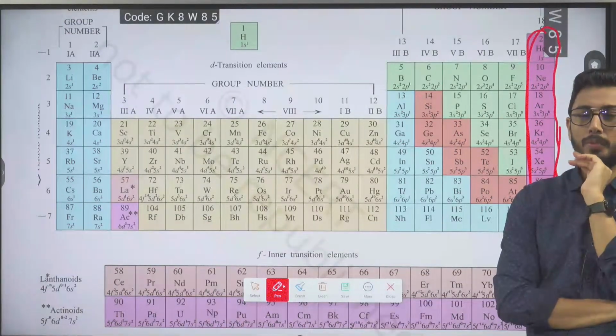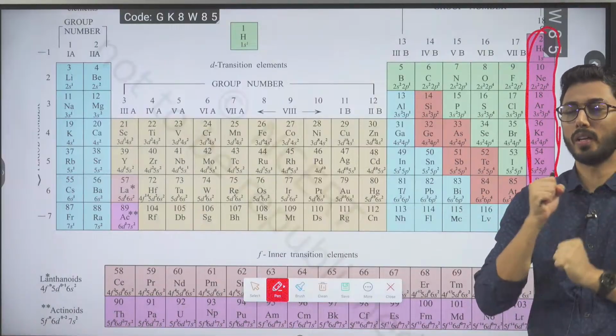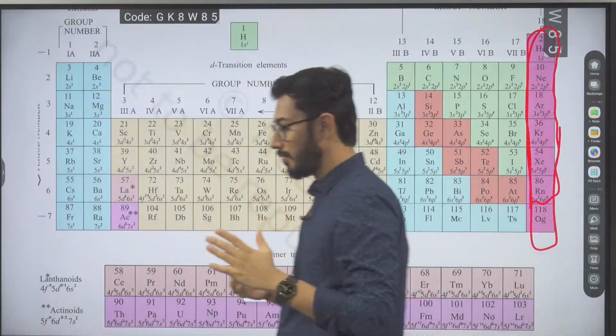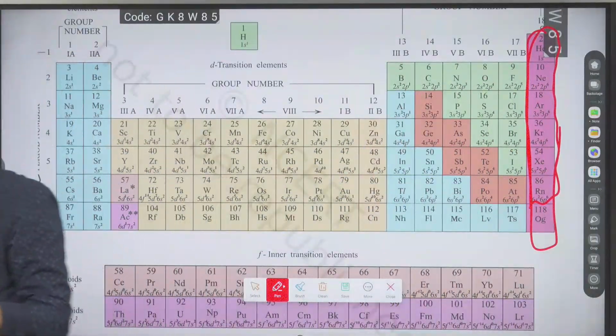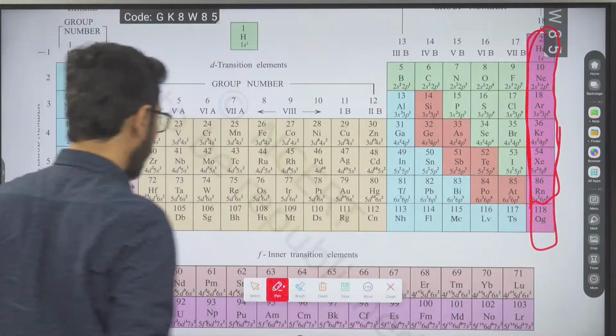Let's see, before lunch group 18 should be completed, then run for the lunch. Group 18, up to the last one, OG, Oxoanions.